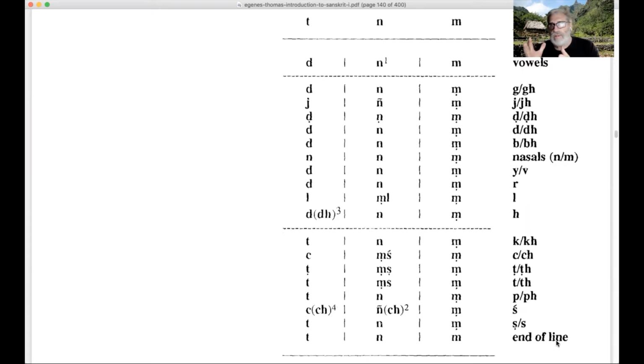So when the end of a line comes, the M will remain the same. See? And if it's followed by a vowel, it will remain the same. Otherwise, all the rest of them, it gets that dot under it. It becomes an Anuswara, no matter what it's followed by.